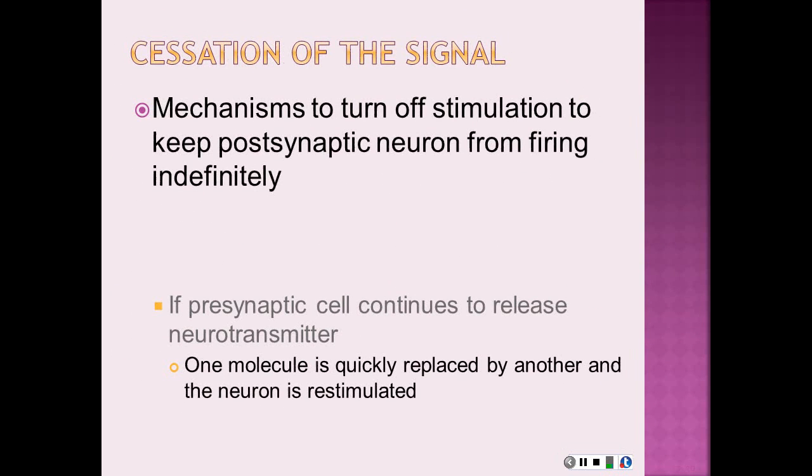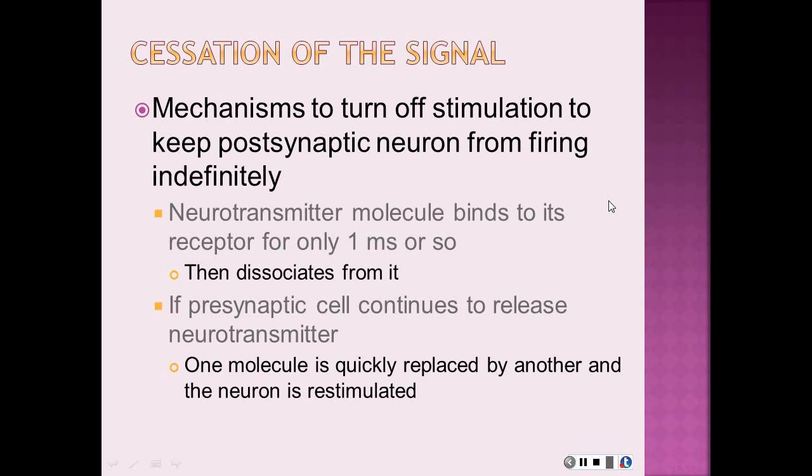Now, cessation of signals occurs when neurotransmitter stops being released, and when neurotransmitter already present in the synaptic cleft is removed. Cessation of action potentials in the presynaptic nerve fiber stops the release of the neurotransmitter.